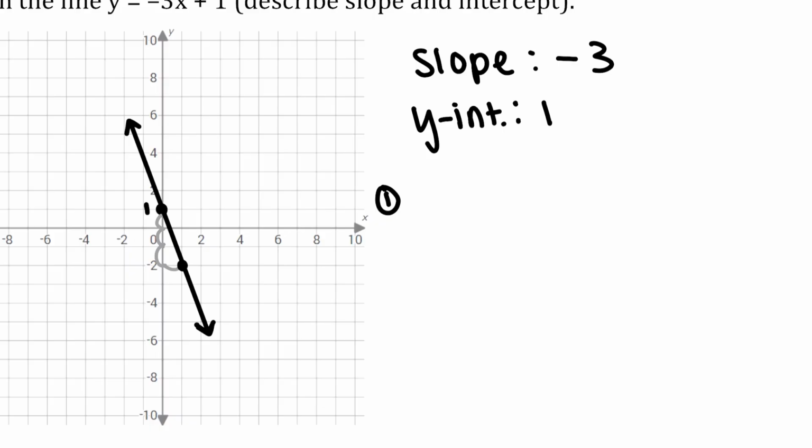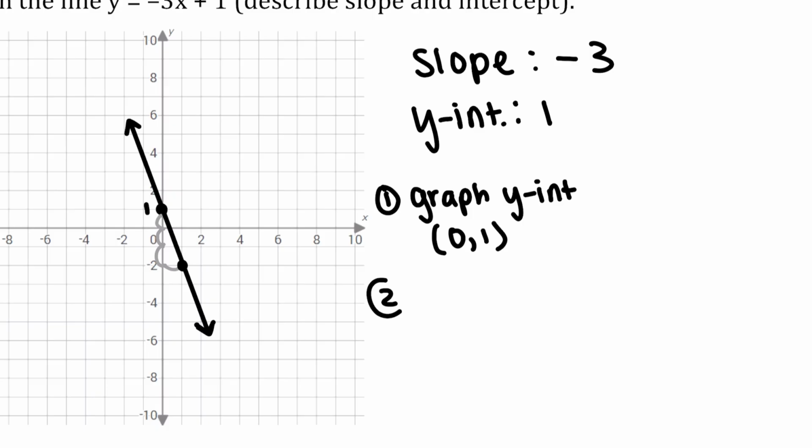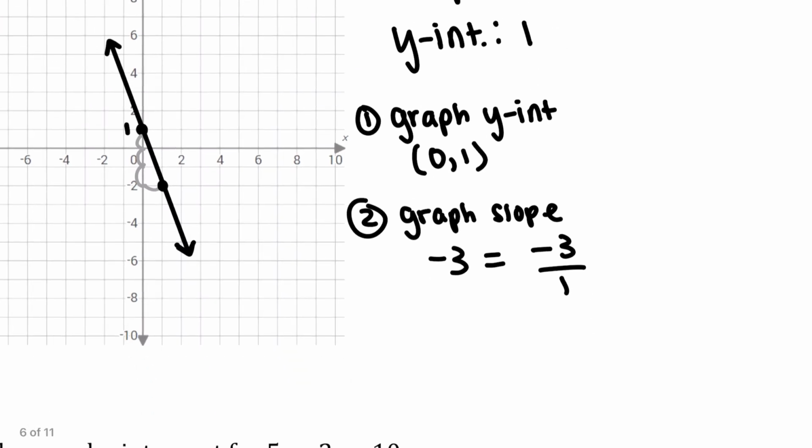So again, our first step is to graph the y-intercept, which in our case is over 0, up 1. And then our second step is to graph the slope, which is negative 3, which is also equal to negative 3 over 1, right?